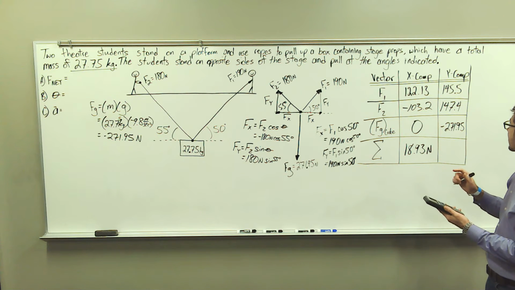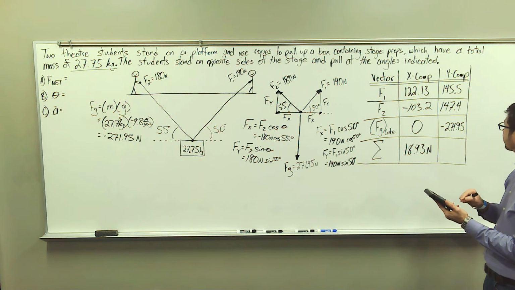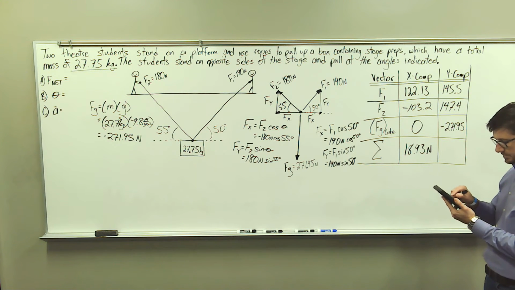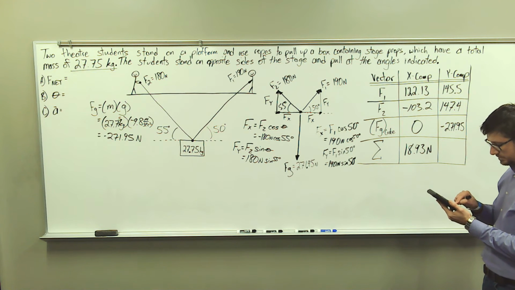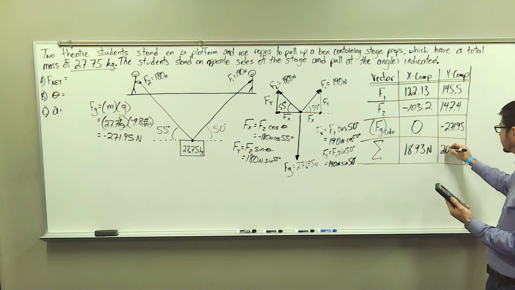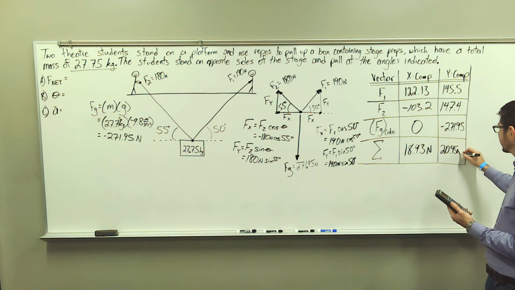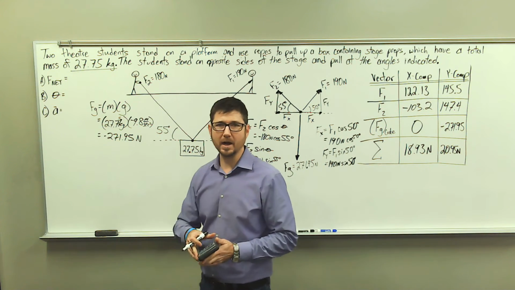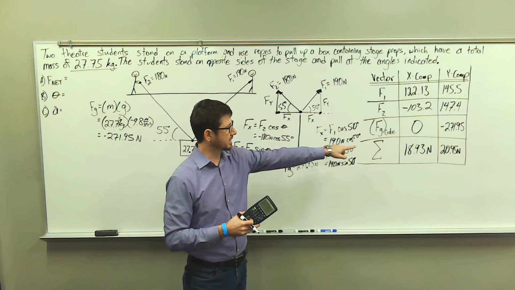In the y direction, I have 145.5 plus 147.4 minus 271.95, and I get a positive 20.95 newtons. Okay?